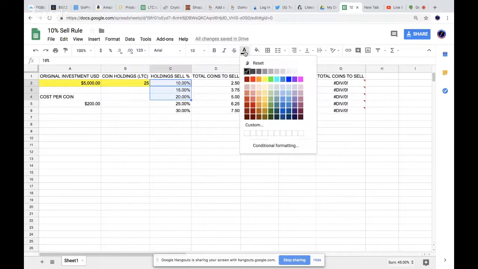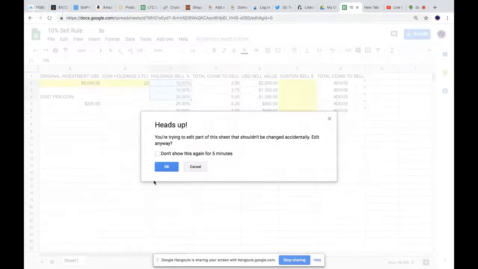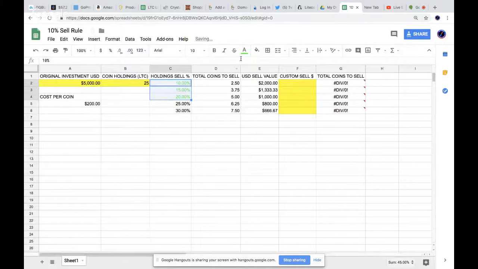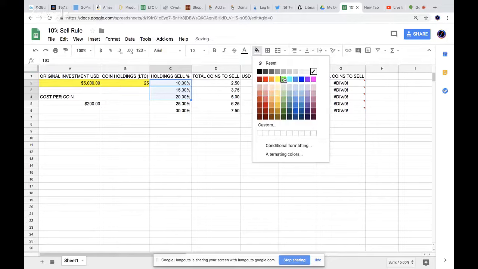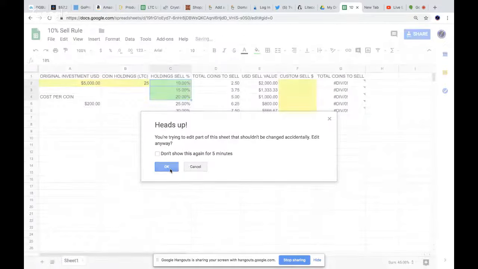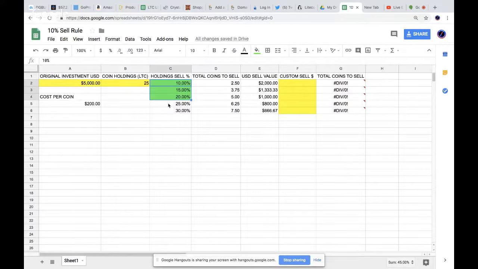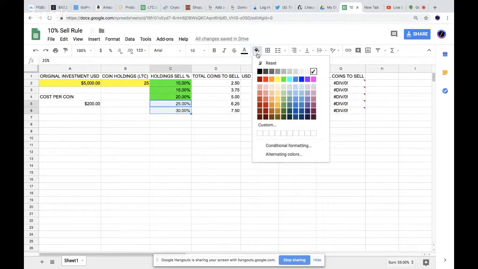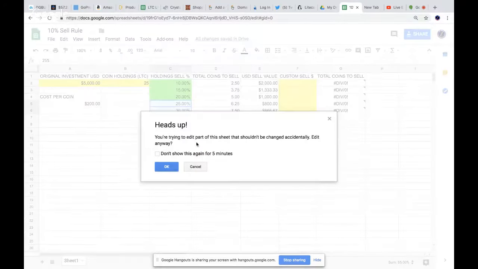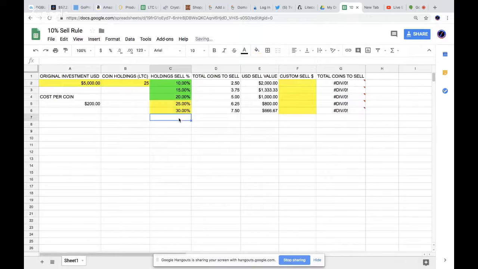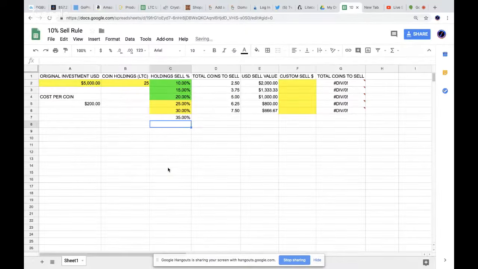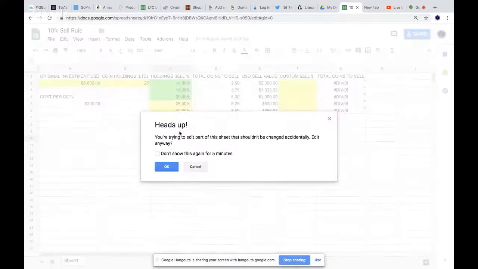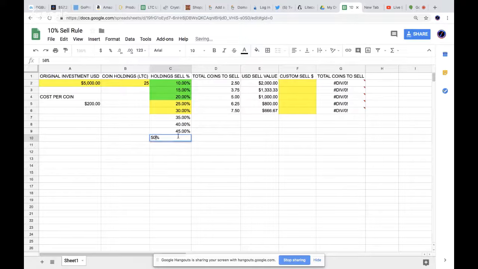I'm going to highlight these as green areas for you guys. And then these two, let's do yellow. And then anything above that, 35, 40, 45, and 50%.